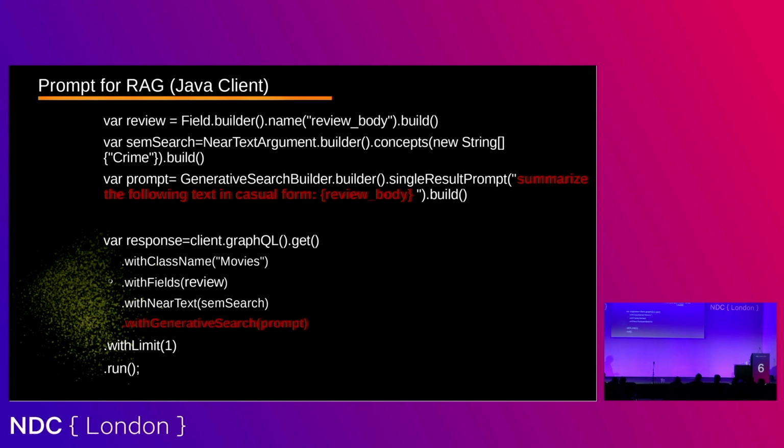So in your query statement, you can say, I have a movie database here. A class is actually a table in Weaviate. You can query all from the movies. I'm interested in the field review body, that is here. And then you can do a semantic search for your documents, as we've seen before.